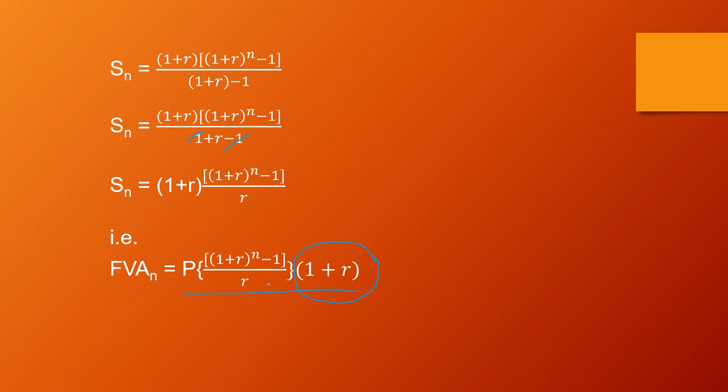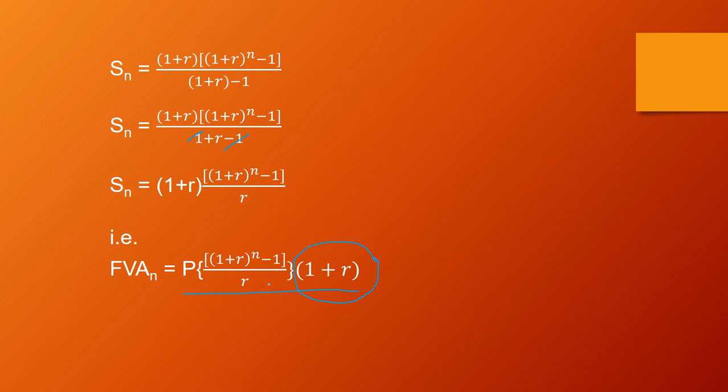The second thing you have to remember is that you can apply this formula only if your installments are equal. That means every month, every year or every quarter, every period, whatever installment you are depositing or receiving, whatever cash inflow or outflow there is, should be equal.